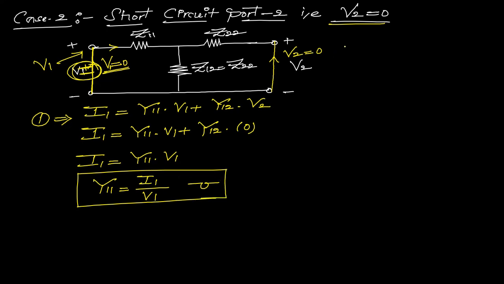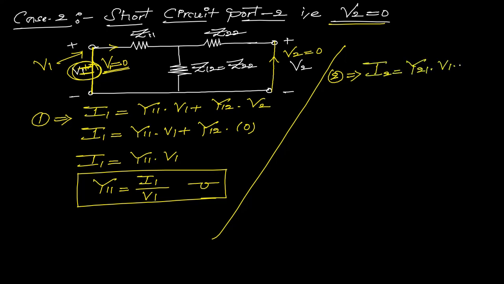Now coming to the remaining parameter. From equation number 2 we have the expression I2 is equal to Y21 V1 plus Y22 V2. Now the value of V2 is 0 when we are short circuiting port 2. So I2 is equal to Y21 V1 plus Y22 times V2, which is 0.